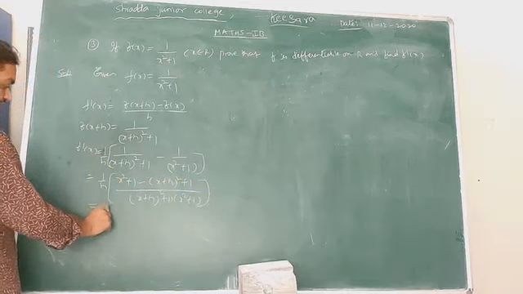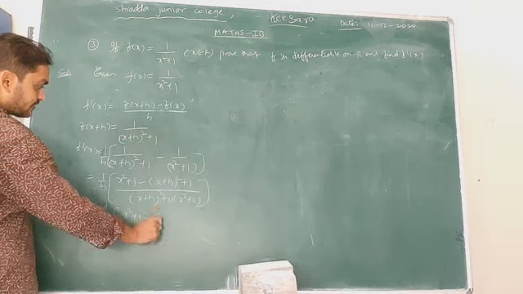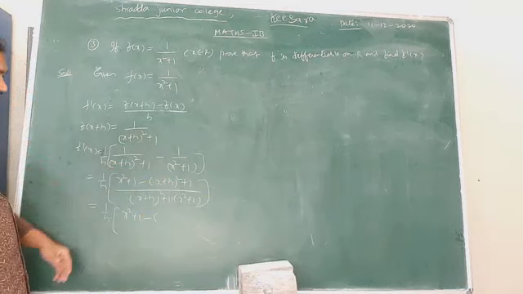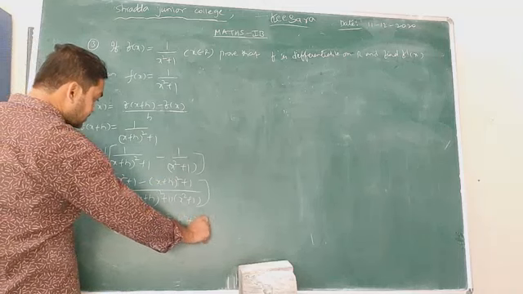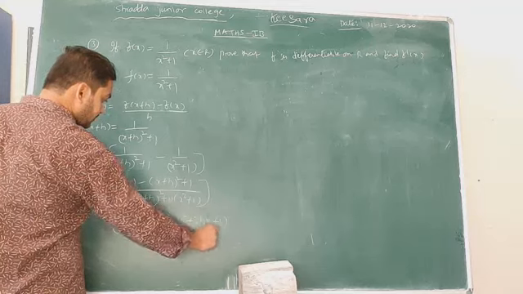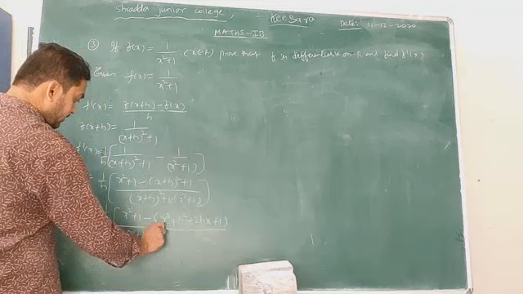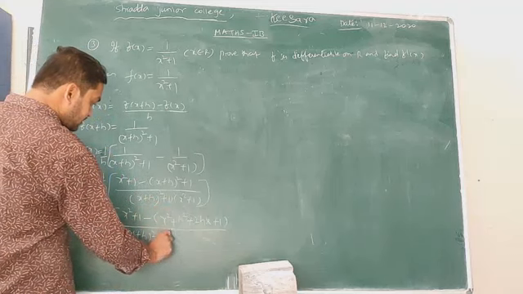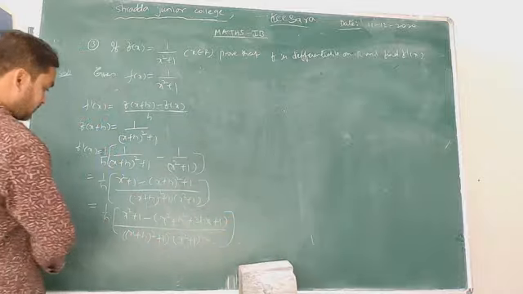Now here this is equal to 1 by h into x square plus 1. So this is which form? a plus b whole square. What is the formula? x square plus x square plus 2hx plus 1 by x plus h whole square plus 1 into x square plus 1.